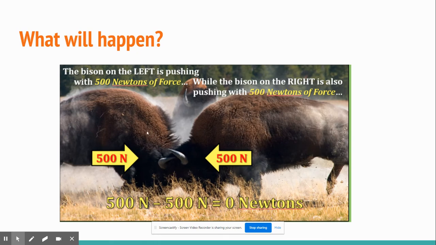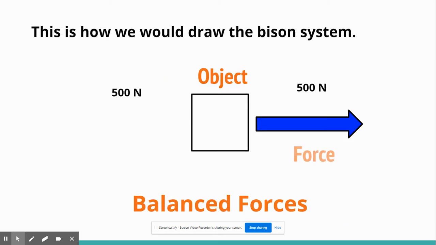They're just going to sit there and push each other. They're not going to be moving. You'd think they'd get tired maybe, but they won't move in either direction if the force is exactly opposite. Now, if one of them has 499 newtons of force, something is going to happen, but if it's exactly opposite and equal, no motion. No change in motion. I'm going to correct myself.